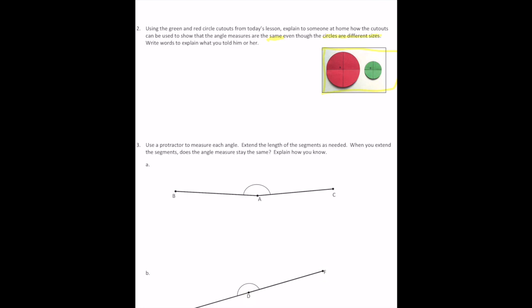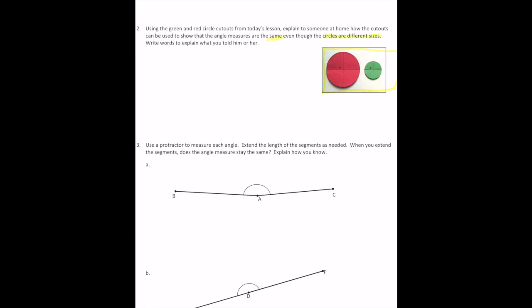Our main thing to understand with this angle measurement is that no matter what the size of the circle, their angles are going to be the same, because the angles don't change when you change the size.